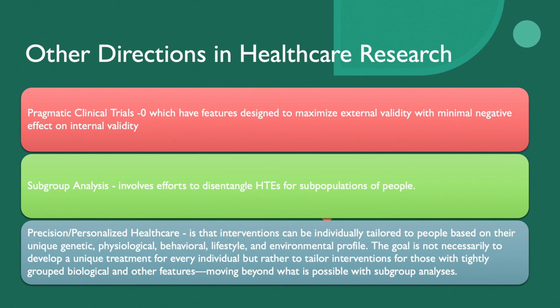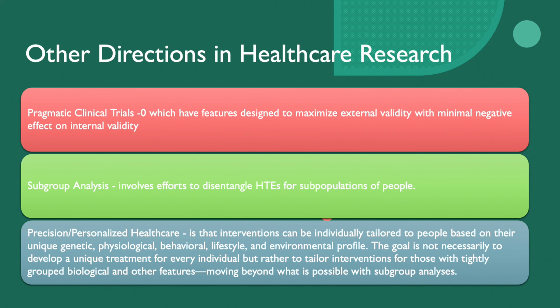Other directions in healthcare research include pragmatic clinical trials, which have features designed to maximize external validity with minimal negative effect on internal validity. Subgroup analysis, which involves efforts to disentangle heterogeneity of treatment effects from subpopulations of people.